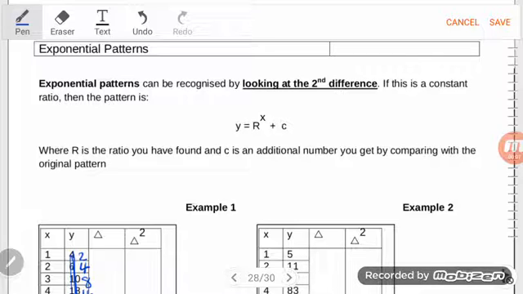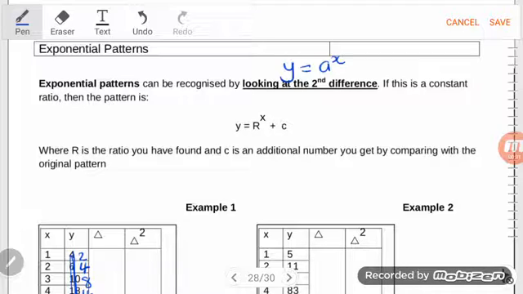Okay, so in this little clip I hope to go over how to create an exponential equation from a particular pattern of numbers. So our most basic equation of an exponential pattern will look like y equals some number to the power of x.